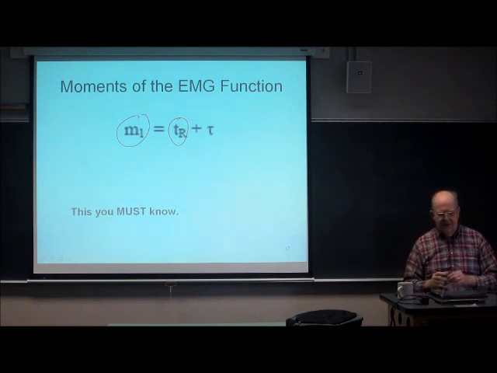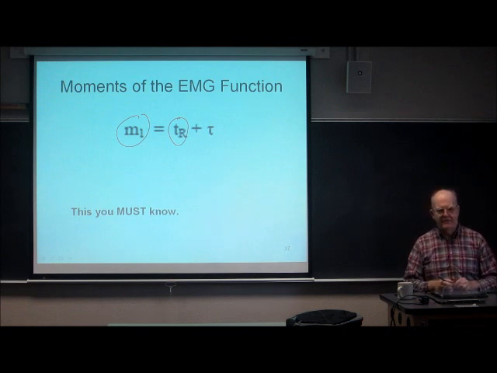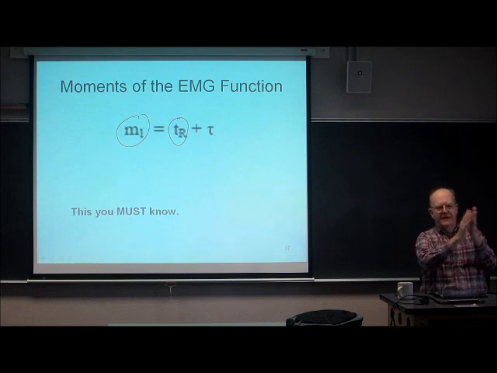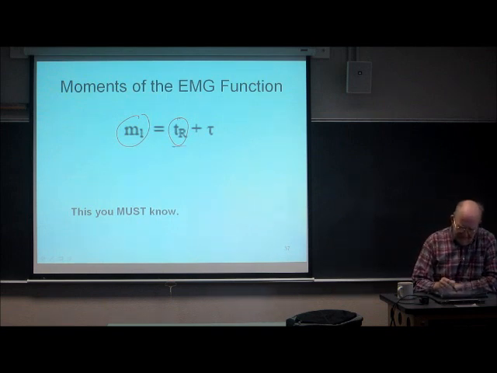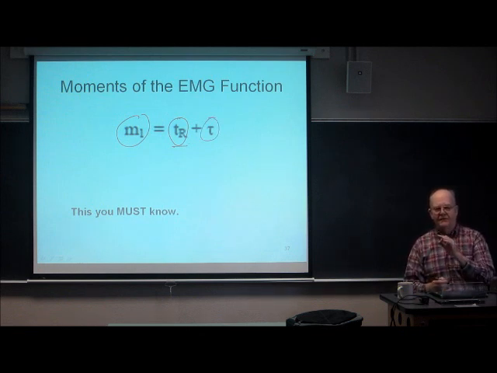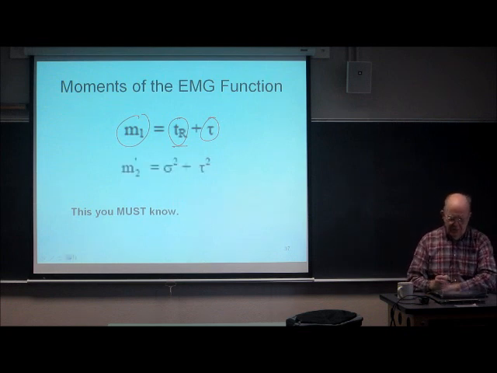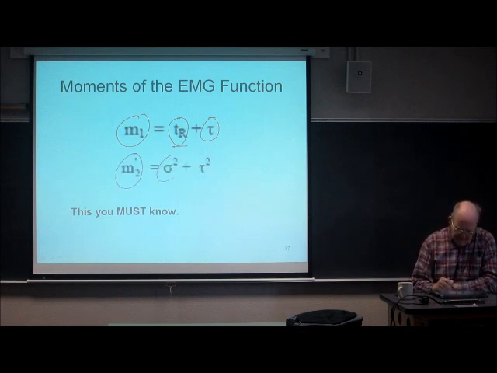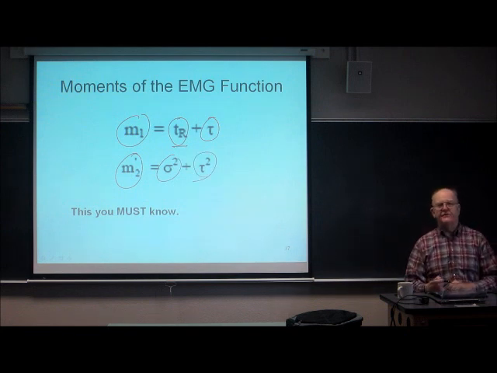But if you got a time constant, the first moment, the center of gravity, which divides the area in exactly halves, occurs at this plus tau, the time constant of the filter. The second moment is equal to sigma squared of the Gaussian plus the time constant squared.